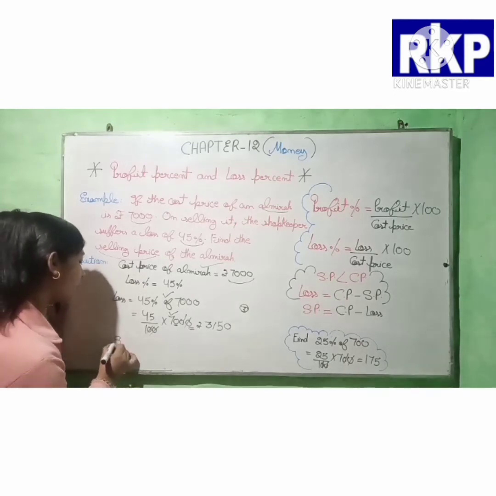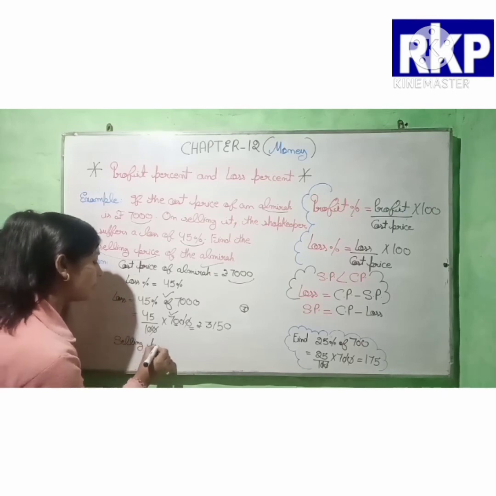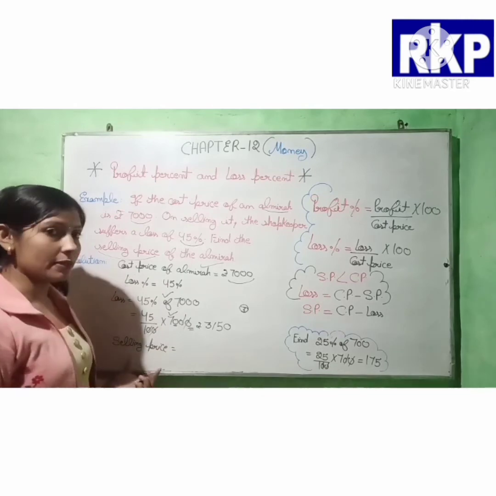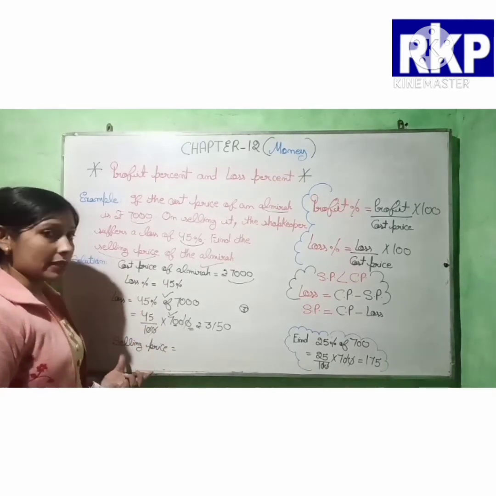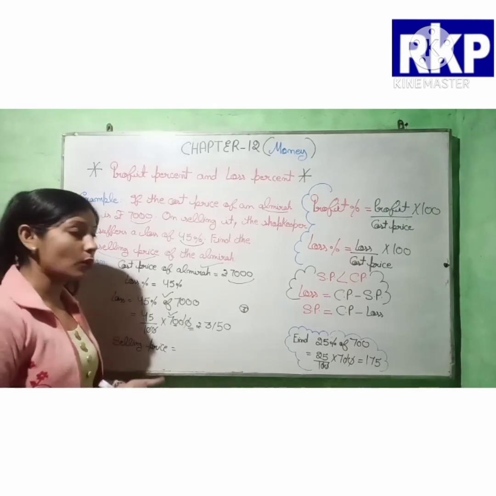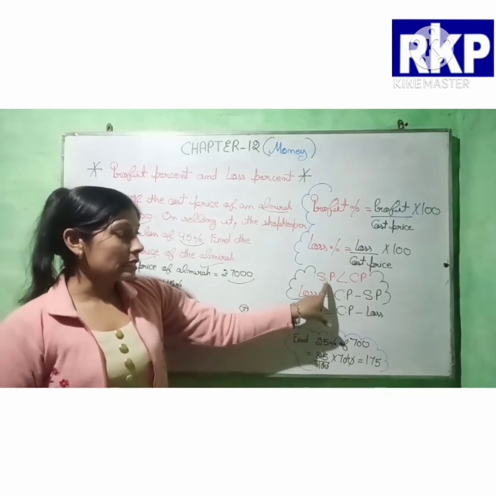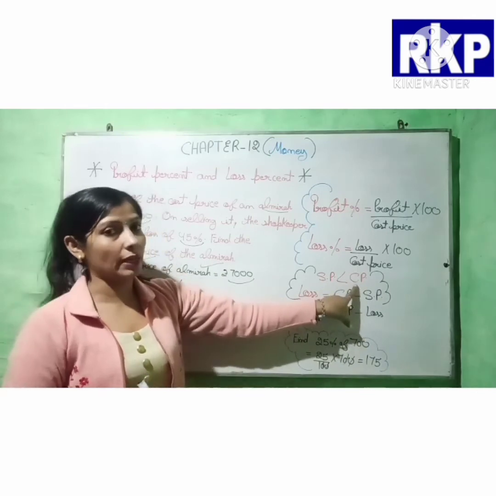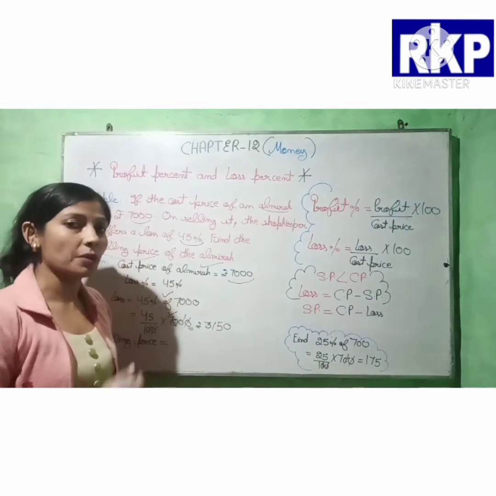Okay, now we have to find out selling price. So here we have to write selling price. And how can we find the selling price? Yes, in the case of loss, selling price will be smaller. Here you can see, in the case of loss, selling price will be smaller than the cost price. So here the smaller value we need to subtract.